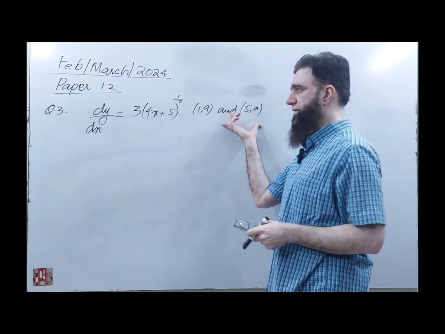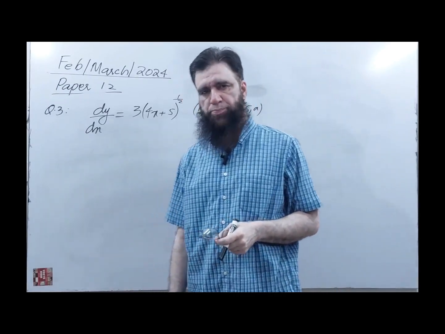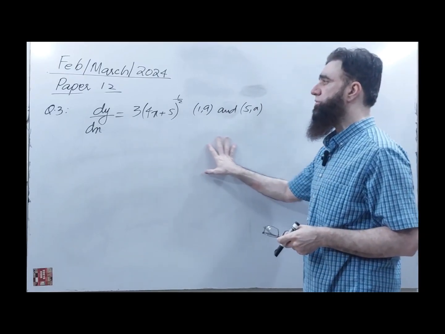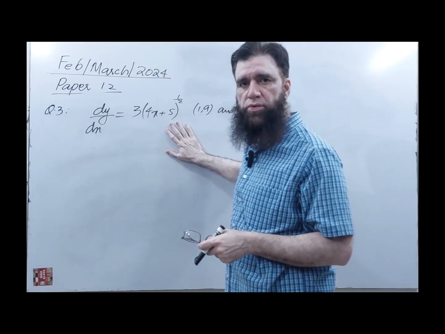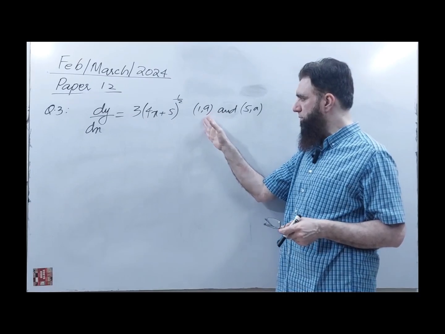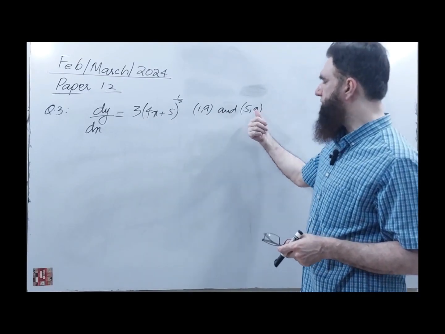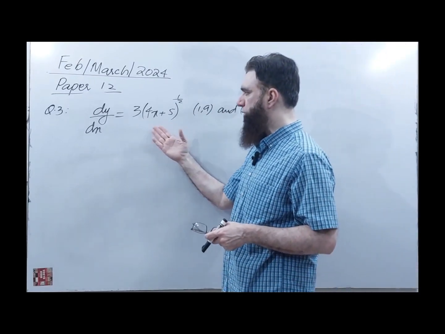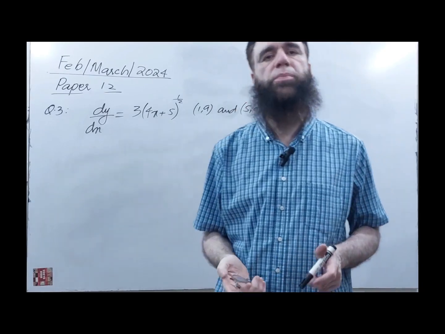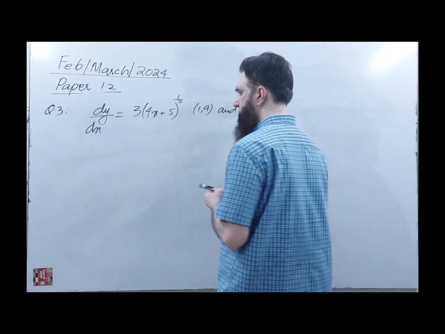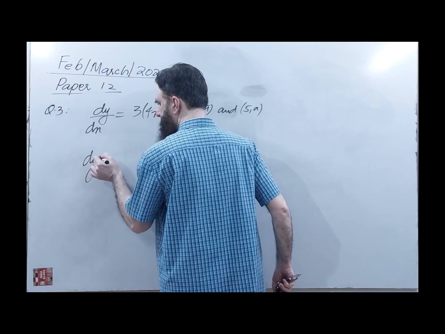Well, you are given the coordinates and you are asked to find a. Well, you need the equation of the curve, and then in the equation of the curve, you will put these 2 points to get a. Now, how to find the equation of the curve from the derivative? You apply integration. So you can skip these steps.